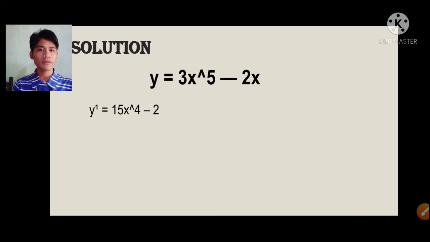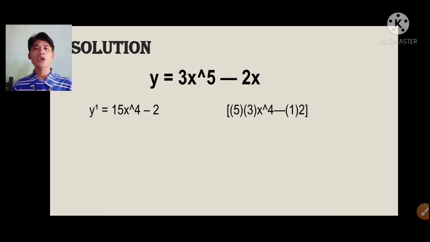First derivative of the given function: 15x raised to the power of 4 minus 2. As you observe, why we came up with 15x to the 4 minus 2 is because of this process. We have the power of 5, so we must multiply the exponent, which is 5, to the coefficient of the variable x, which is 3, so we came up with 15.